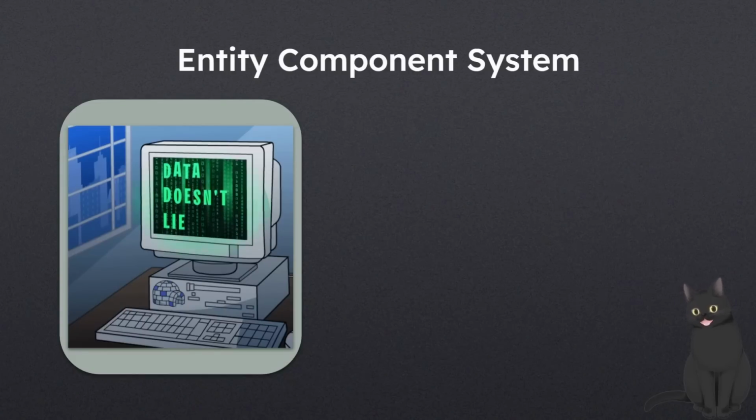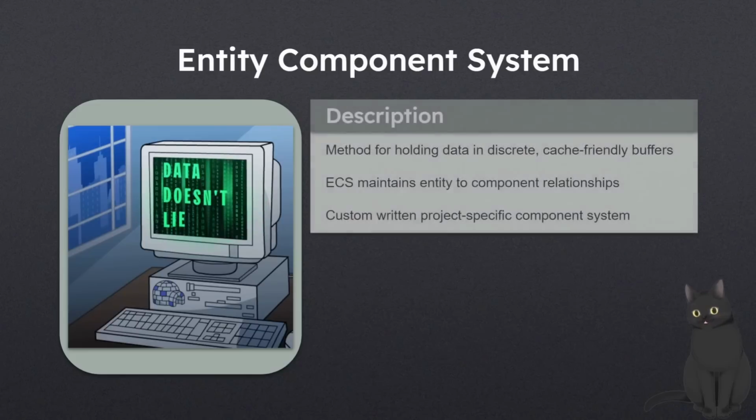All right, ECS, Entity Component System. I'm not going to explain fully what an ECS is. I'm assuming if you've been looking around at different engine videos online, you've probably seen this term pop up a few times, and there are good videos covering this topic. The main thing that's relevant for my engine is that the ECS maintains an entity to component relationship.